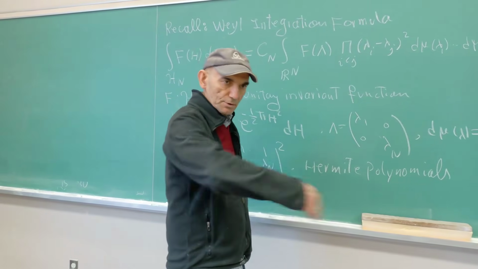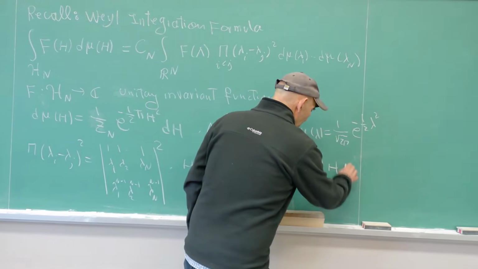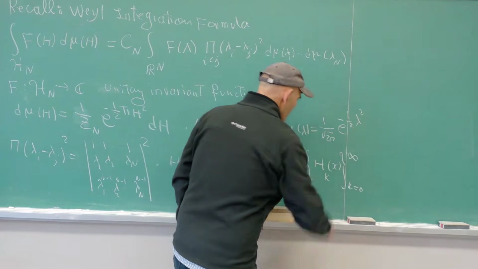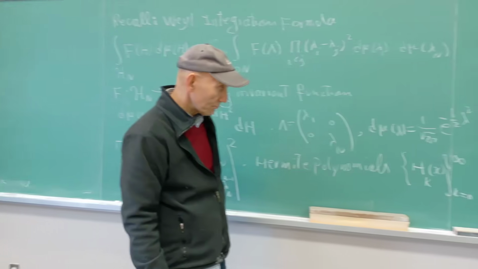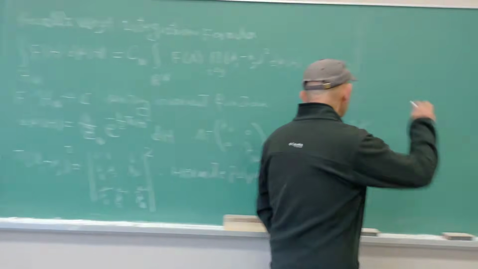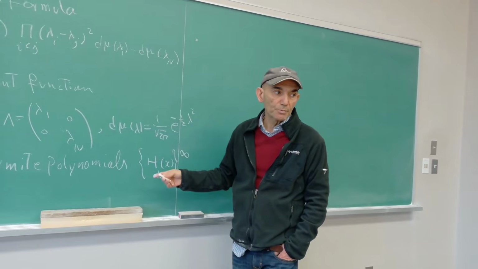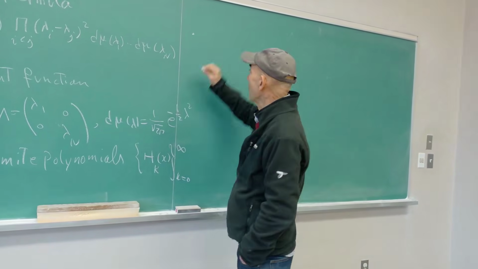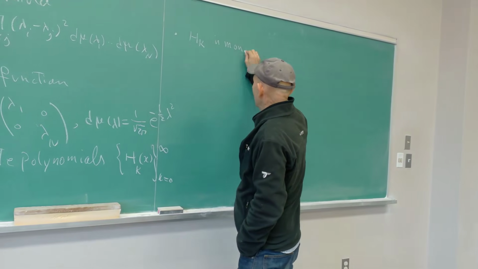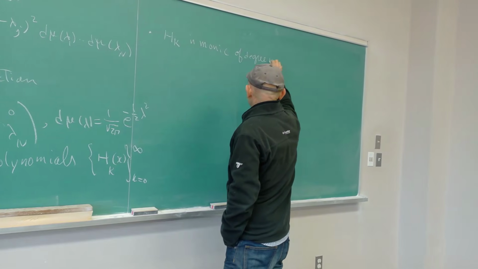This is a sequence of polynomials h_k of x, k from 0 to infinity, that is uniquely defined by the following properties. One property is that this h_k is a monic polynomial of degree k.